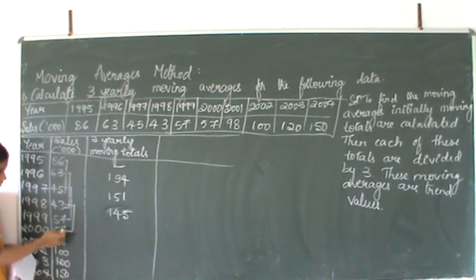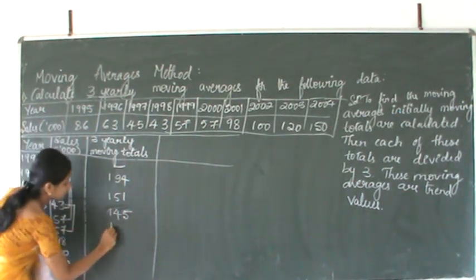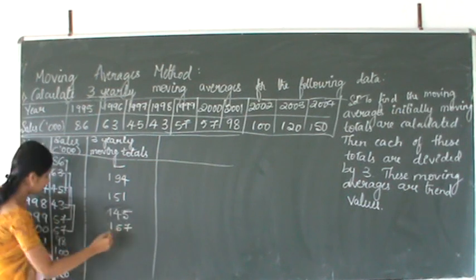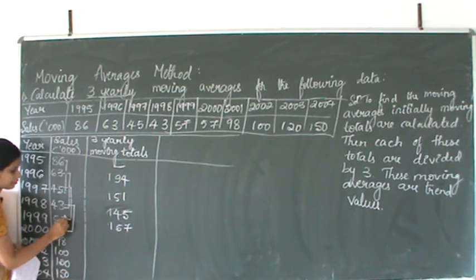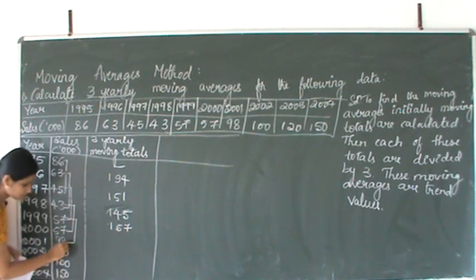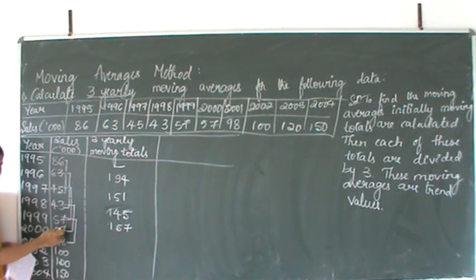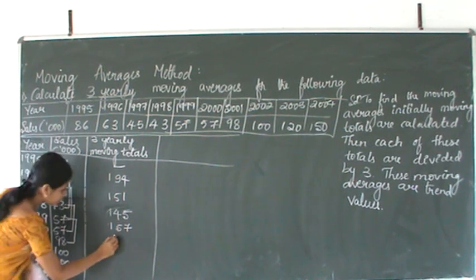43 plus 57 plus 57. It comes to 157. Next, leave this and start from 57. This will be 57 plus 57 plus 98. It comes to 212.